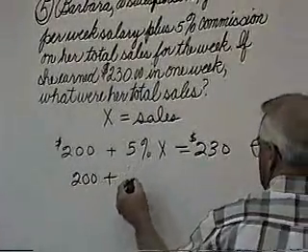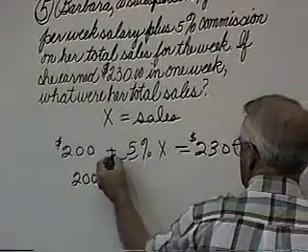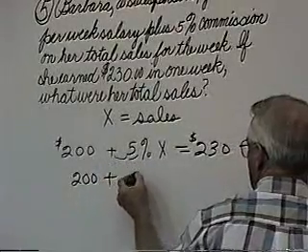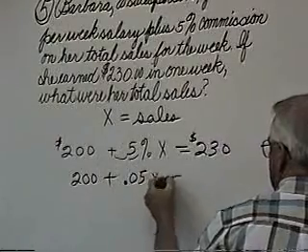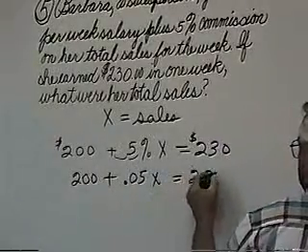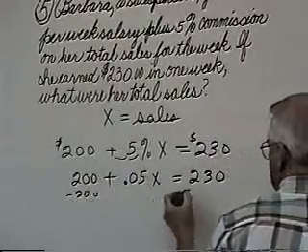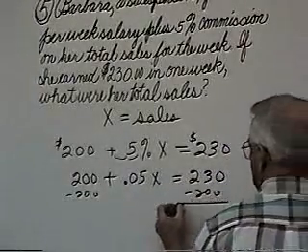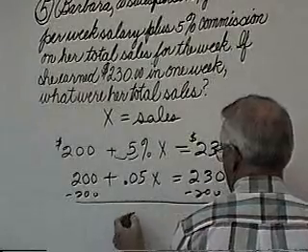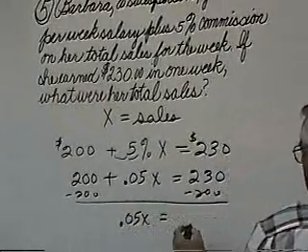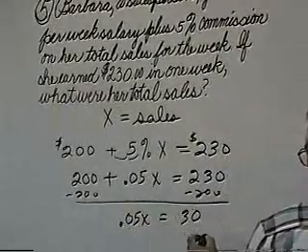All right, now working it mechanically, this would then be 200 plus 5% changed over, move the decimal place 2 places, so that's 0.05 times x is equal to 230. Subtracting 200 from both sides, moving it across, we now get 0.05x is equal to 30.